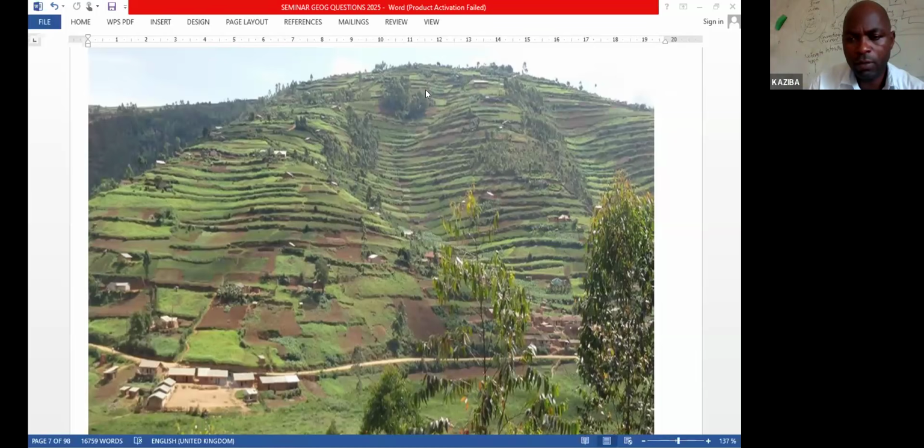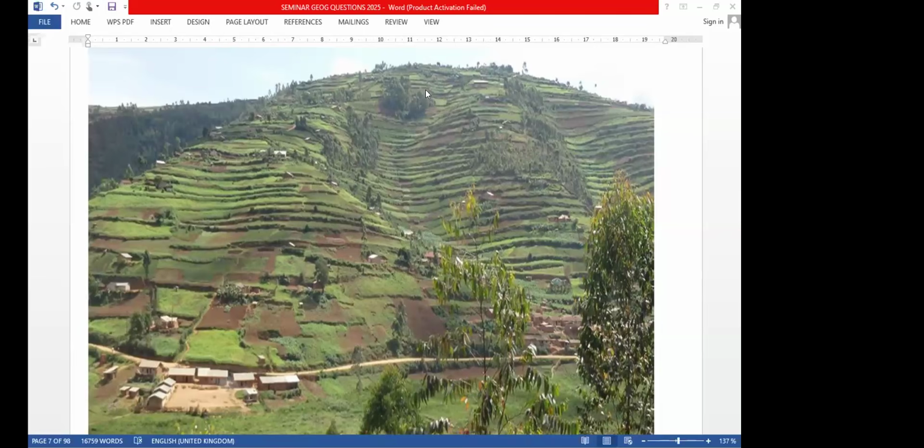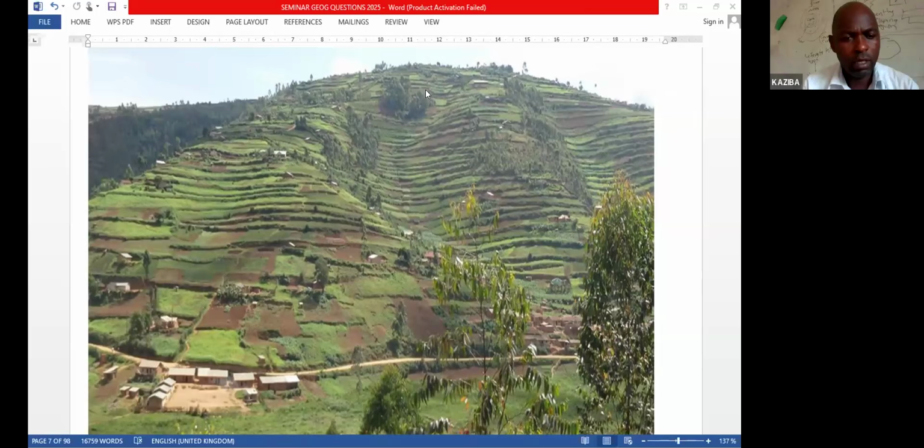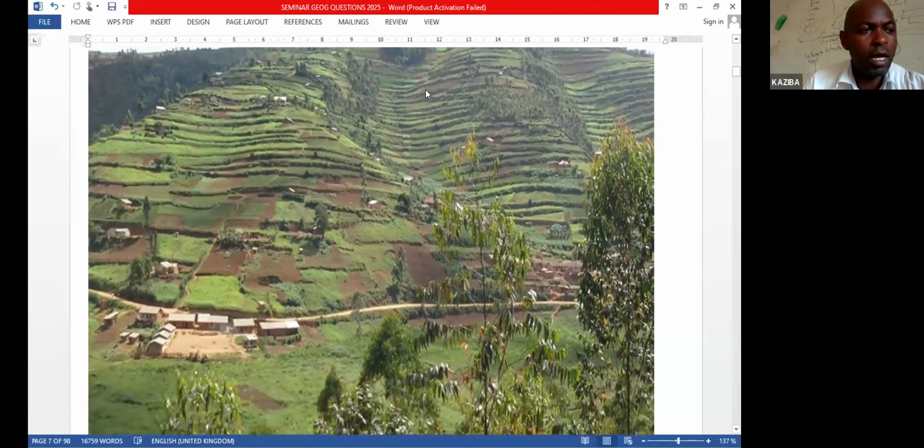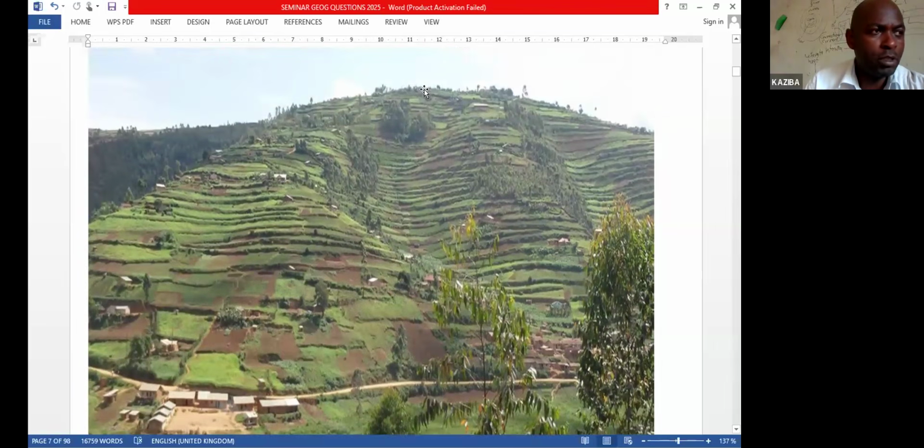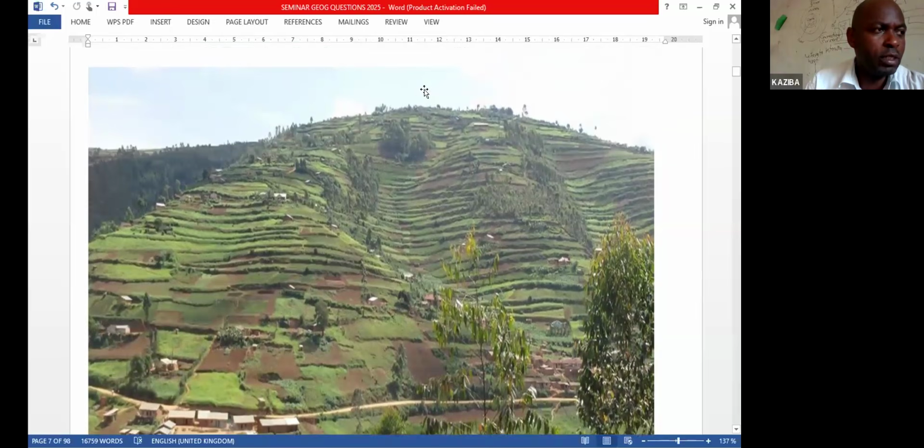Are you following? Aerial photographs are looked at as maps. So you say a traced map showing this and this and that.